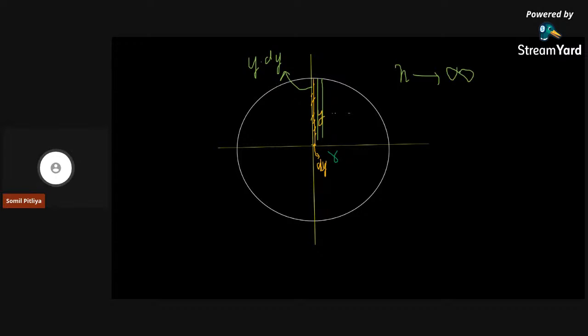So there will be infinite strips, covering from y equals 0 to y equals r, as this distance is also r.